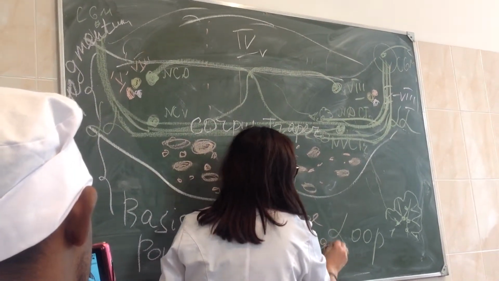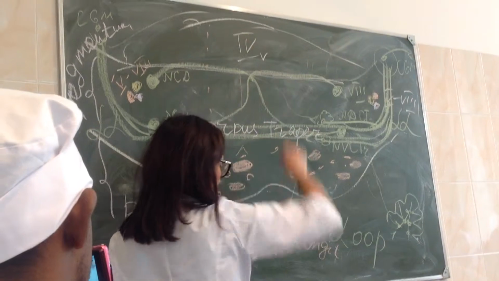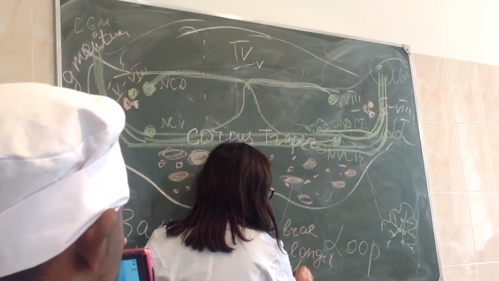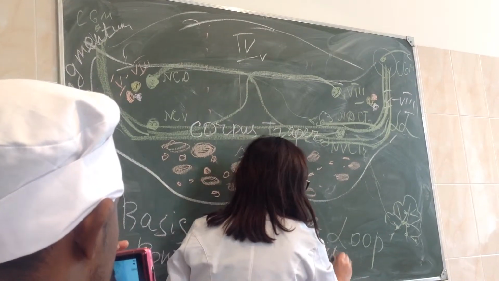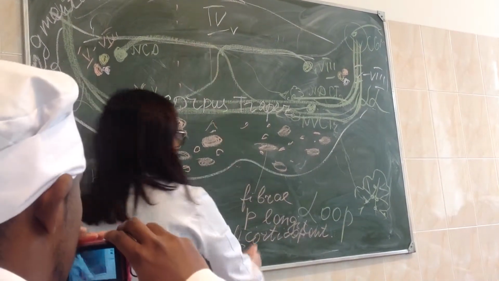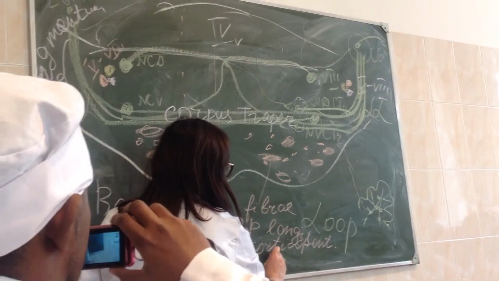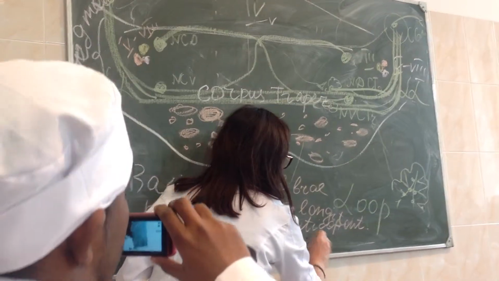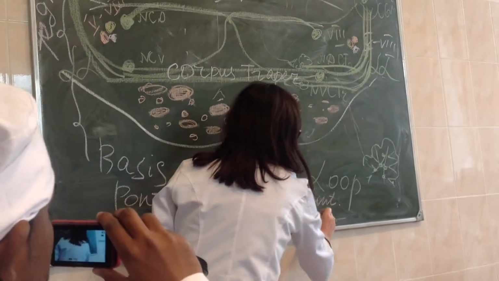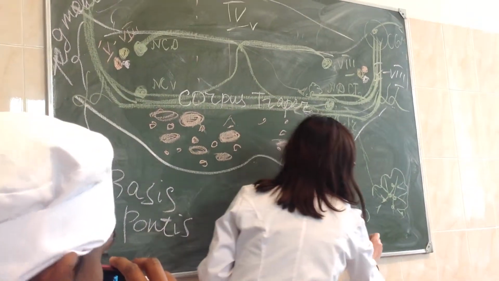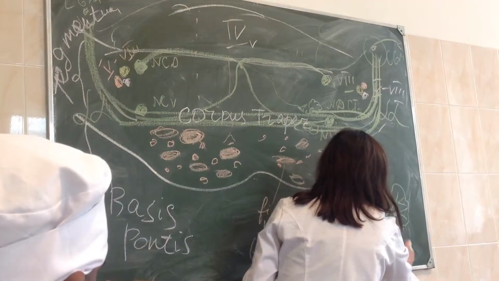What tracts form these longitudinal fibers? The tractus corticopontinus and the tractus pyramidalis. The pyramidal tracts are formed by the corticospinal and corticonuclear tracts.